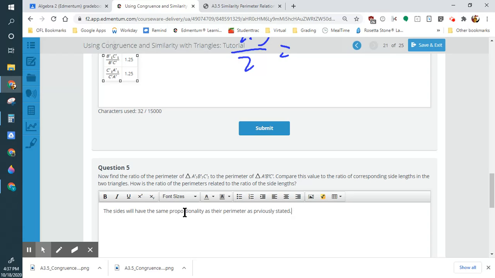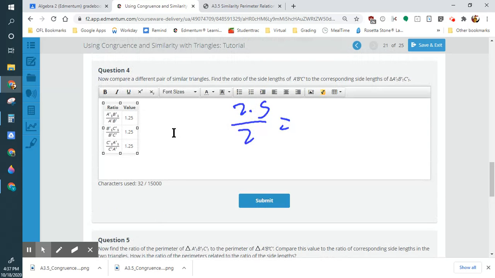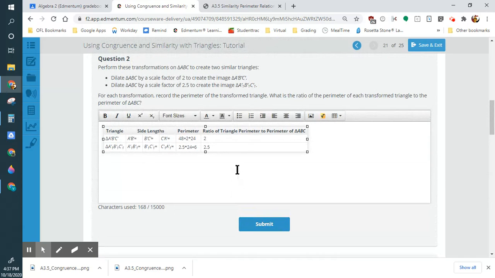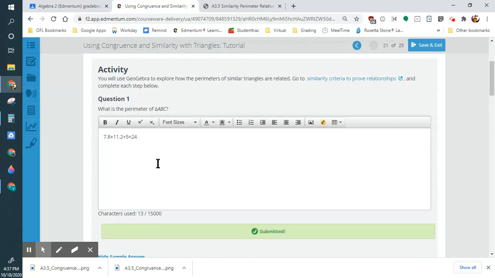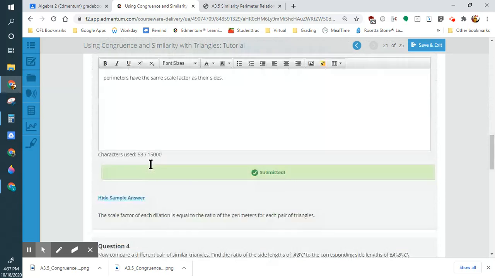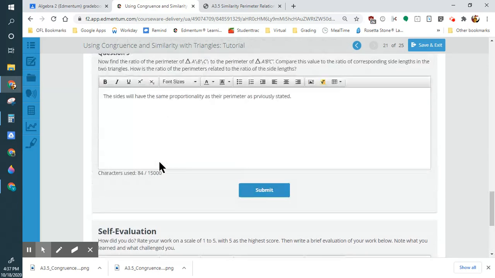Sorry, I got a little snarky on that one because it's very repetitive. We just found out that if we take the ratio of the sides, the perimeters have that same ratio. So why are we going to do it again? We proved it over here. So I don't know.